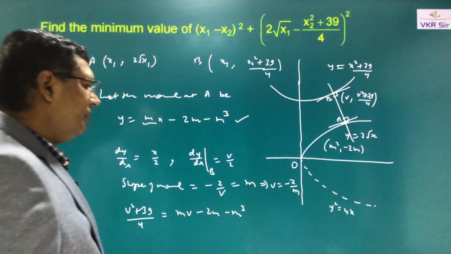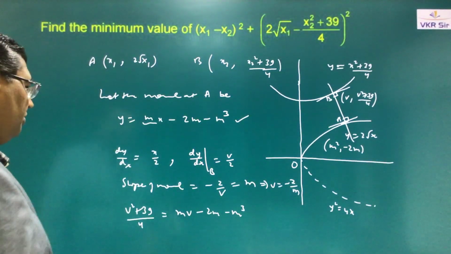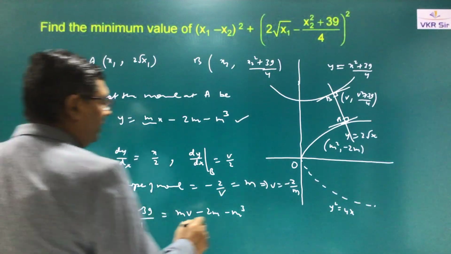All right. So if I replace the value of v here as minus 2 by m, what do I get?